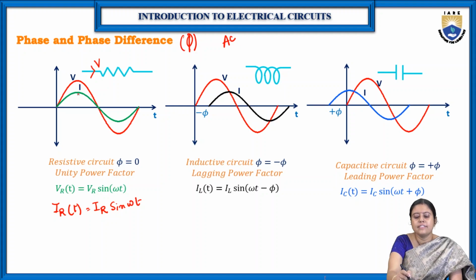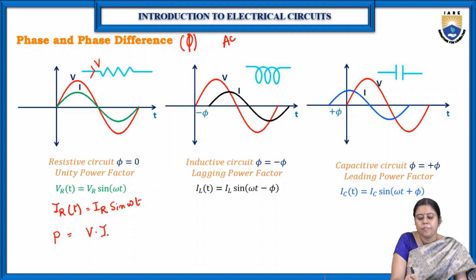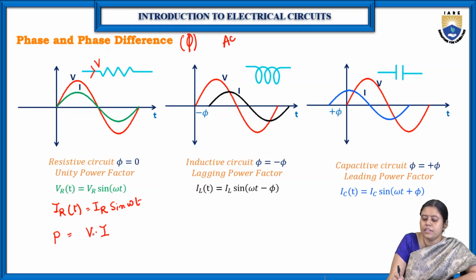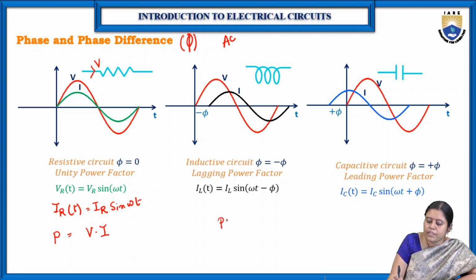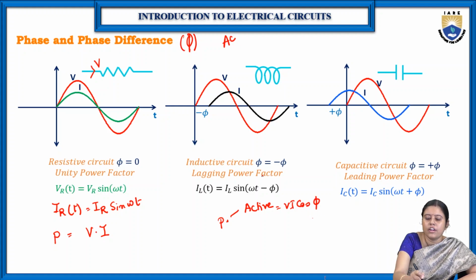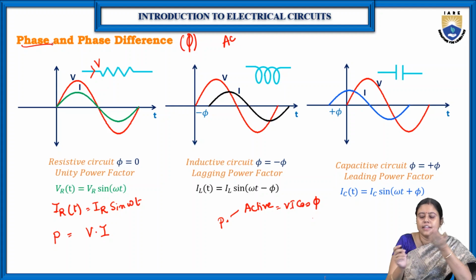All are in the same phase, and in this case power is equal to voltage into I, because we know power is of three types. First one is the active power, VI cos phi. Phi is the power factor angle or the phase angle, the angle between voltage and current.